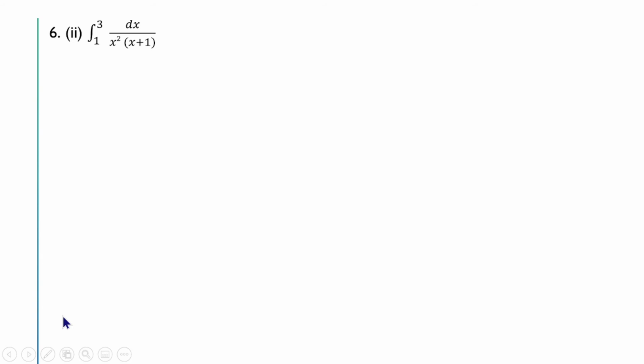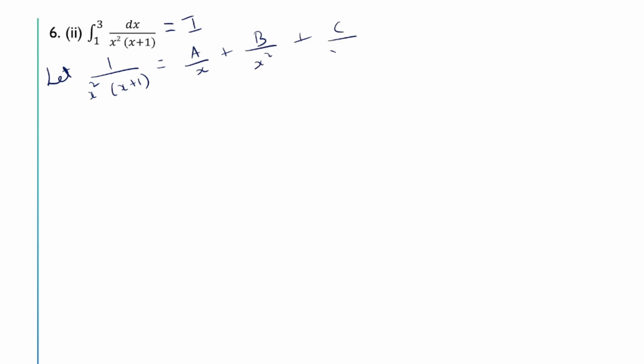The next question, integral 1 to 3 dx upon x square into x plus 1. So we have to integrate this using partial fractions. Using integration by partial fractions, let this be equal to I, and let 1 by x square into x plus 1 equal to a by x plus b by x square plus c by x plus 1.